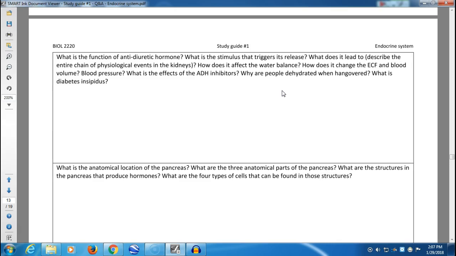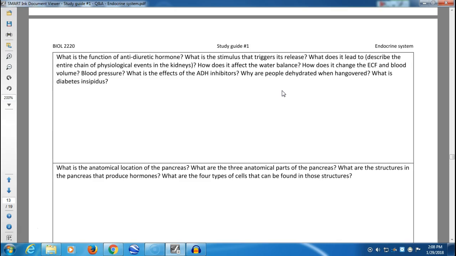So low blood pressure means the volume is actually low, which means the concentration of solutes in the blood is high. The volume is low, but the concentration is high. So low blood pressure, low blood volume, high osmolality, which may result from dehydration.